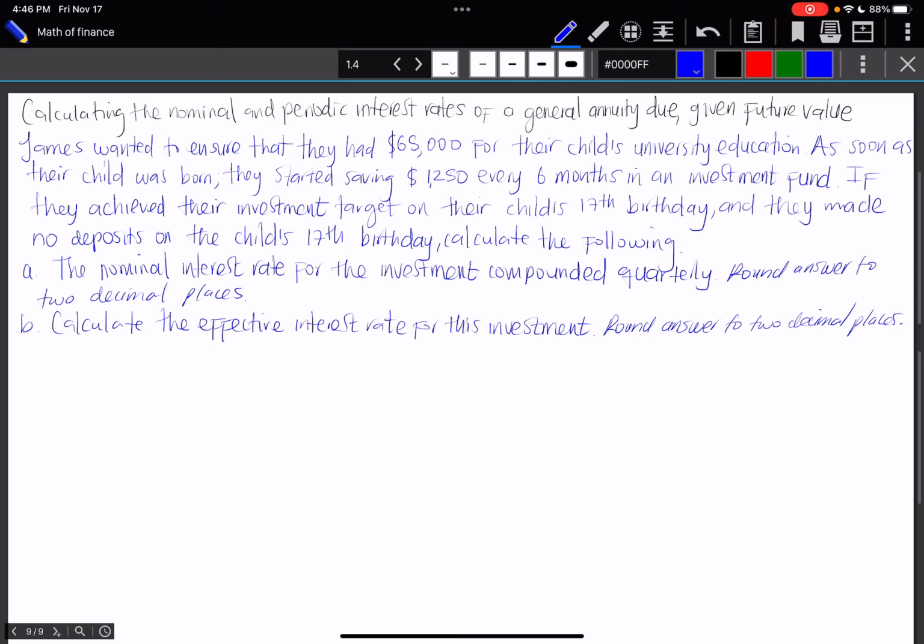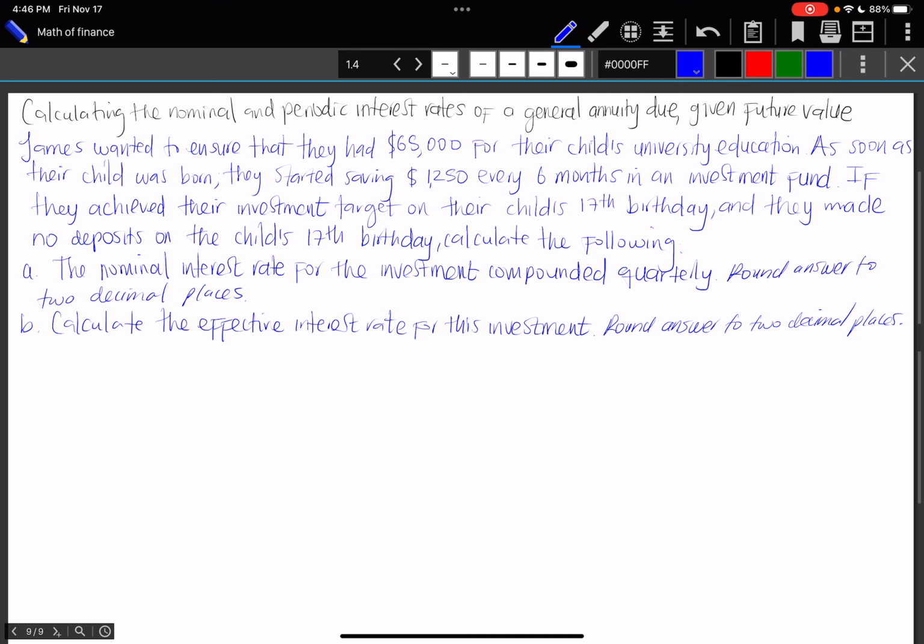Because payments were made every 6 months, and in part A of this problem we're working with interest compounded quarterly, we have an annuity that is a general annuity. It's not a simple annuity, it's a general annuity because the compounding period is not the same as the payment period.